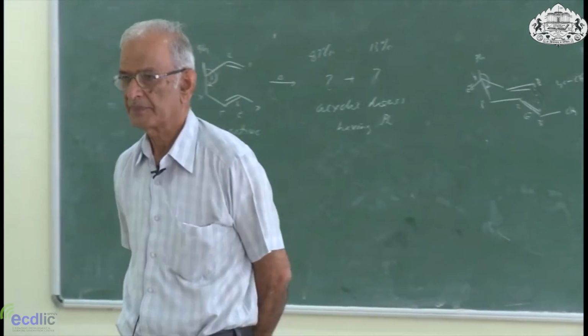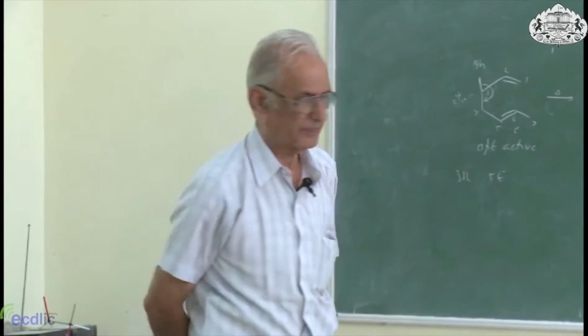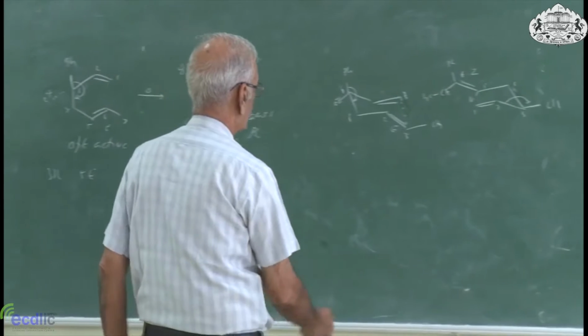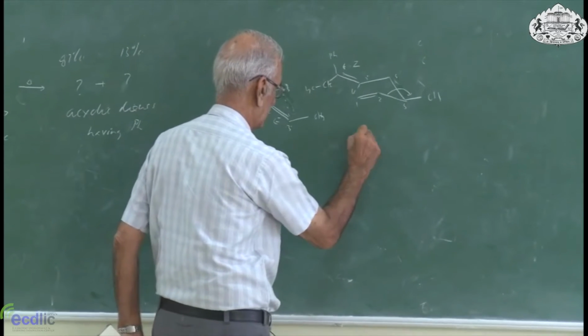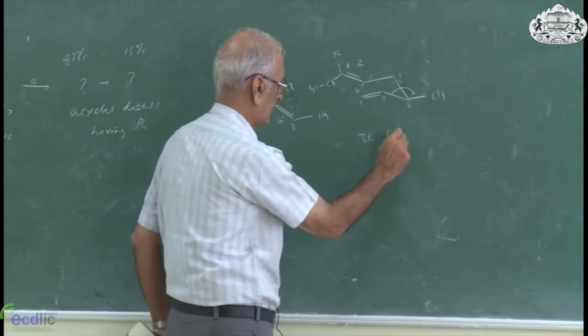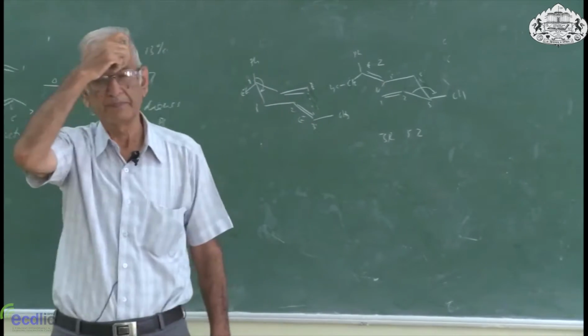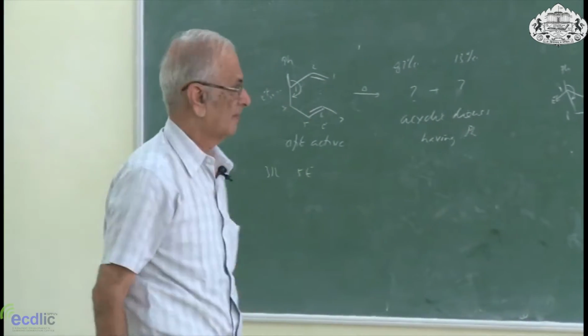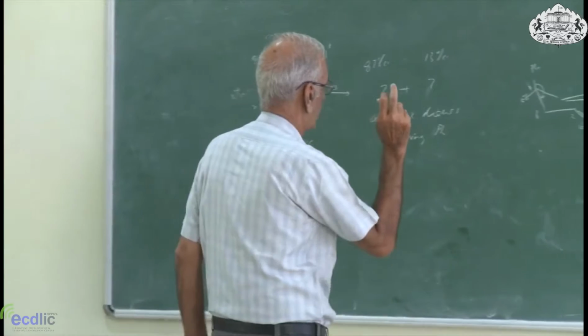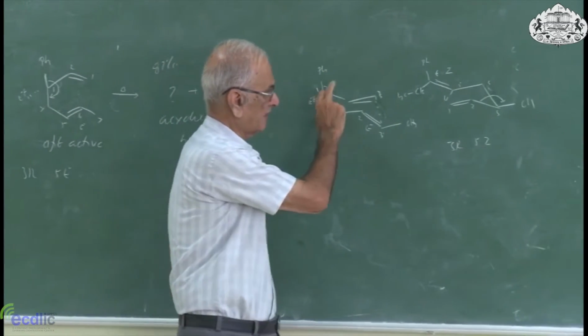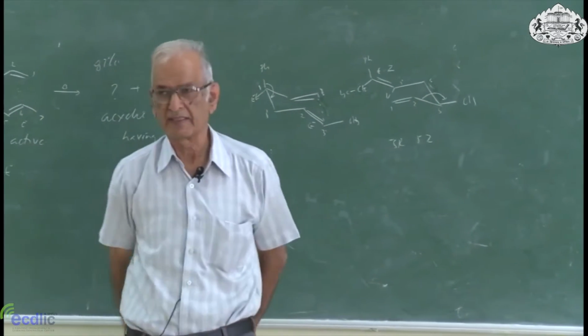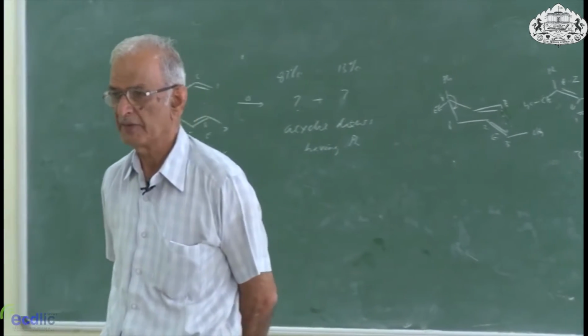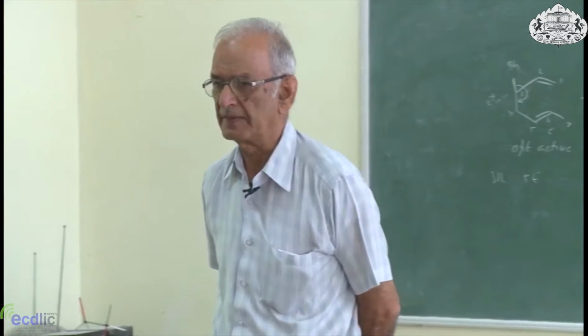So, that's your R geometry. So, 3R, 5Z. Chirality at this position is transferred to this position. This is an example of chirality transfer.